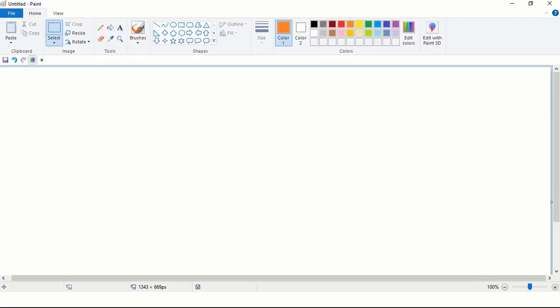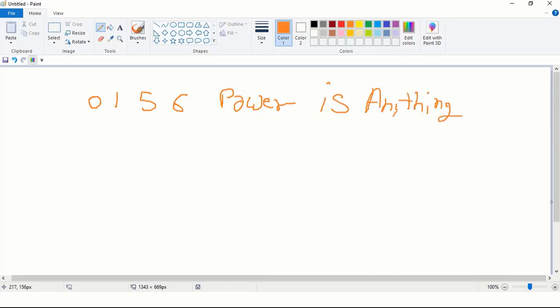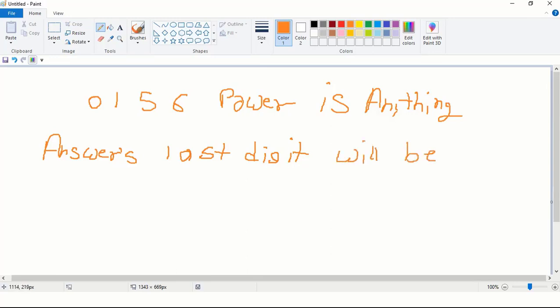Our case is telling that if any number whose last digit is either 0 or 1 or 5 or 6 and the power is anything, then the answer's last digit will be itself, meaning the same as the last digit of the base.